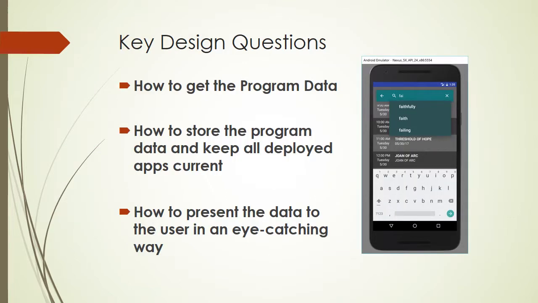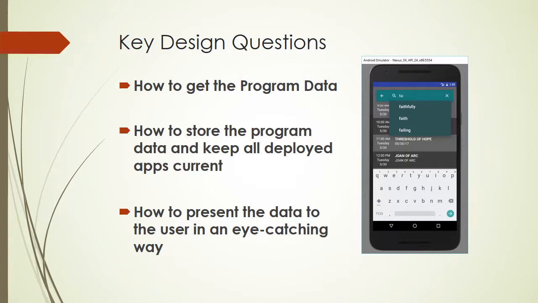So the key design questions: how do you get the data? How do you store it and keep all those apps out there updated? And then how do you present it to the user in an eye-catching way when you only have a tiny area of the screen in which to present information? So the TV network has a REST API, but it's not public. Now I figured out how to use it, but if they were able to change the API, then every app out there that depends on it would break.